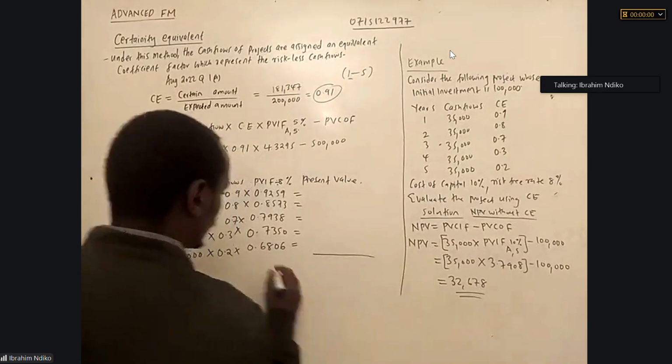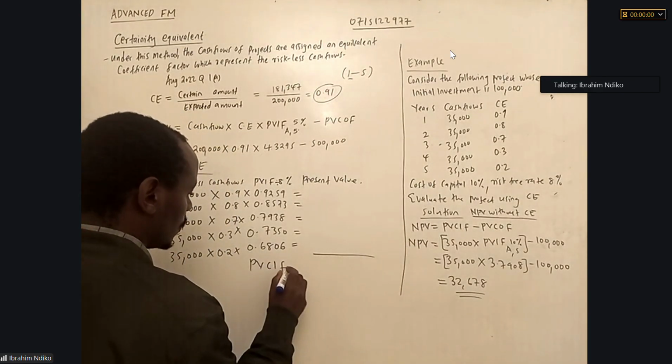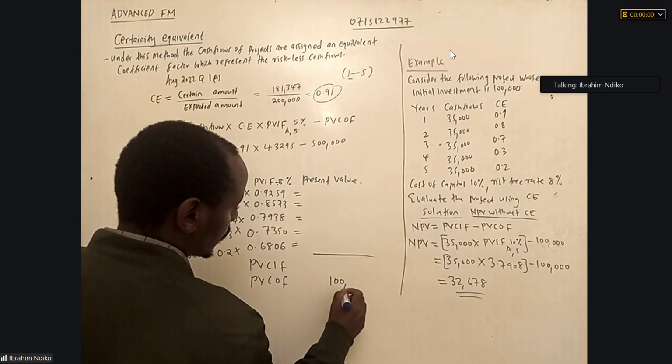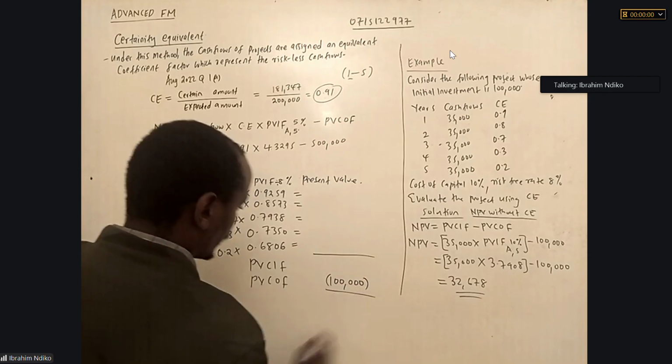So that you can get the total present value of cash inflows, then you can get the present value of cash outflow of 100,000. Then you can get our NPV.